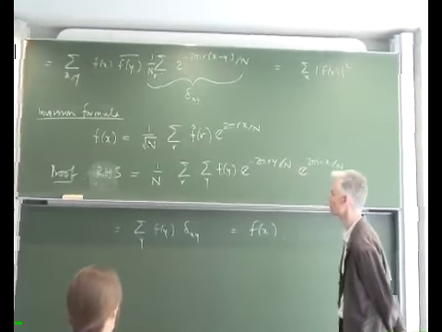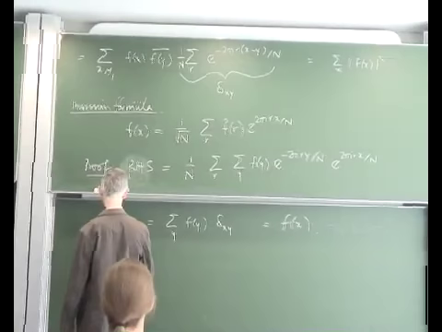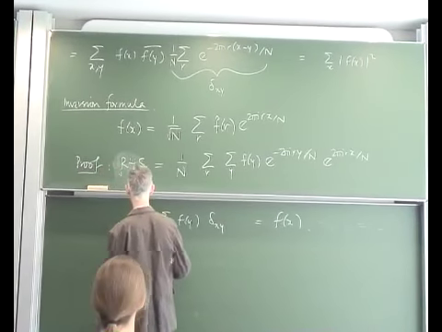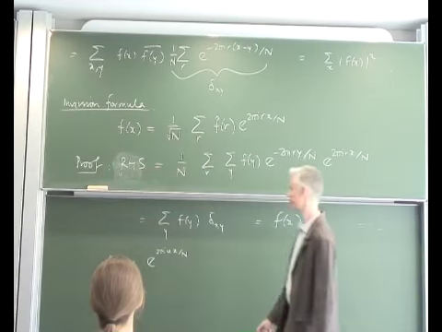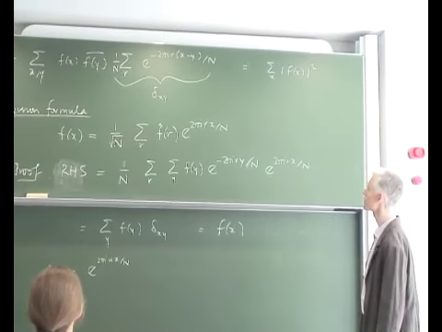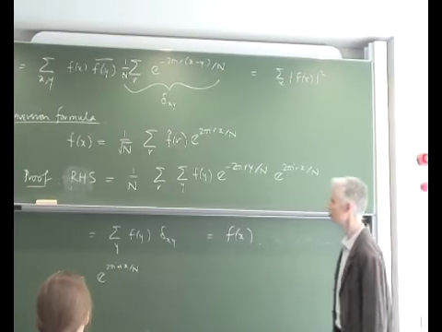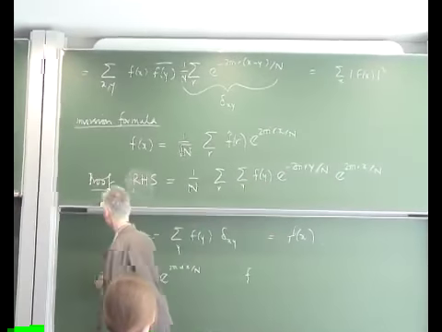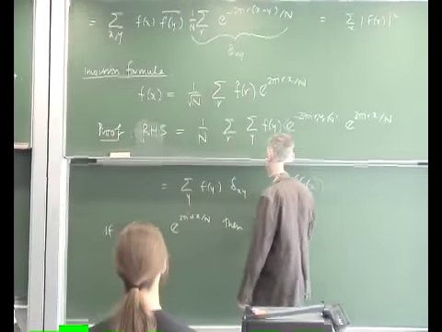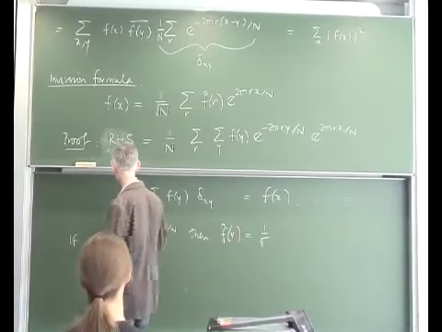Suppose I took the function f(x) equals e to the 2 pi i u x over n, and I want f to have norm 1, so let's put 1 over root n.